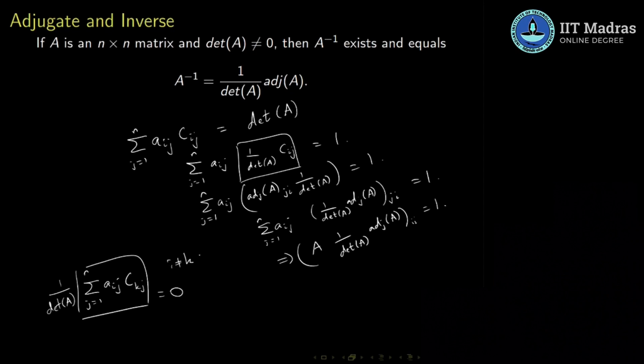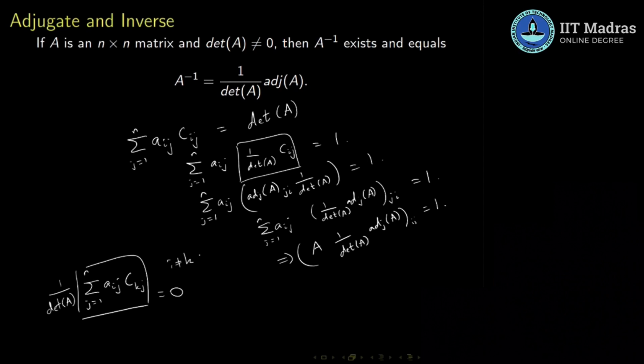Why is it 0? Well, that is because we can think of this as the determinant of a matrix in which the ith row is the same as the ith row of A, and the kth row is also the same as the ith row. So, 2 rows are the same in this.